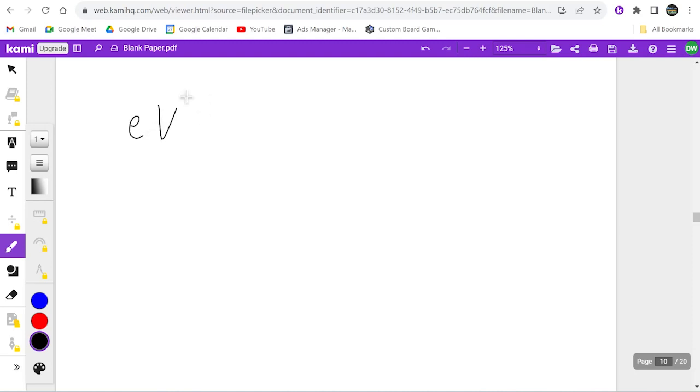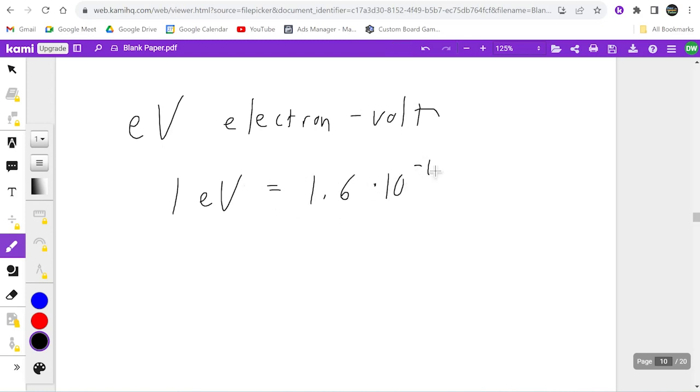So the electron volt, here's what you need to know about it. This eV stands for not electric vehicle, but the electron volt, and it is a unit of energy. It's a unit of energy, of all things. So 1 eV is equal to 1.6 times 10 to the minus 19 joules. And I say, hey, where have I seen that number before?